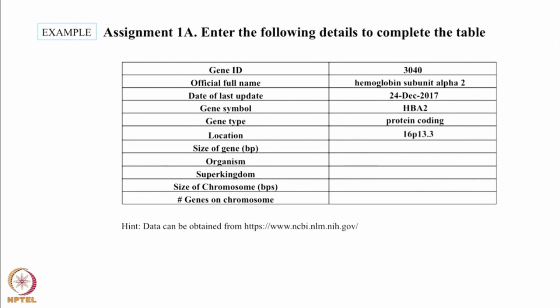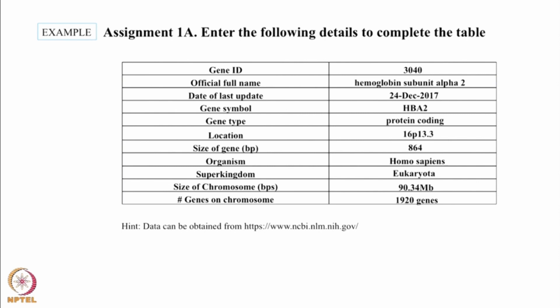The location is on chromosome 16 in the P arm at region 13.3. The size of the gene is 864 bases. The organism is Homo sapiens. In the superkingdom Eukaryota, the size of chromosome 16 is 90.34 megabases, which encodes 1920 genes.